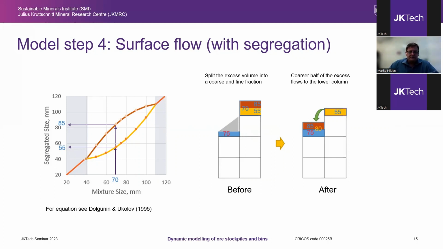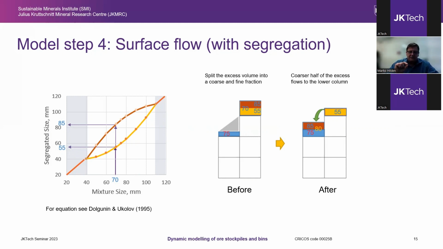So here's a mock-up example where we start with the material in the upper column, having a D80 size of 70 millimeters, and the lower cell has a D80 size of 75 millimeters. The upper portion segregates into 85 and 55 millimeters via this segregation function.